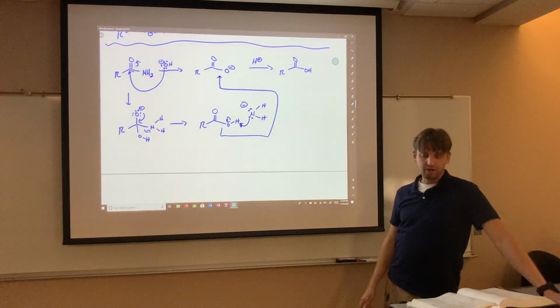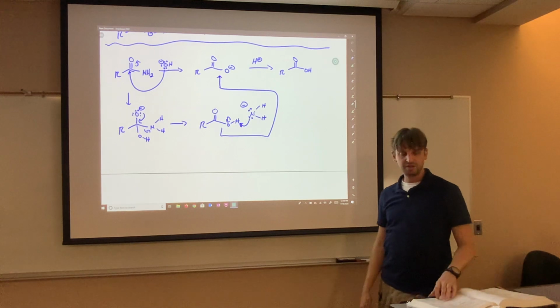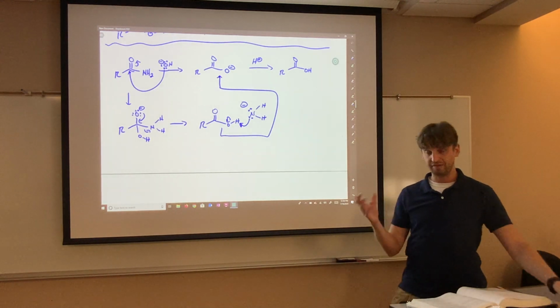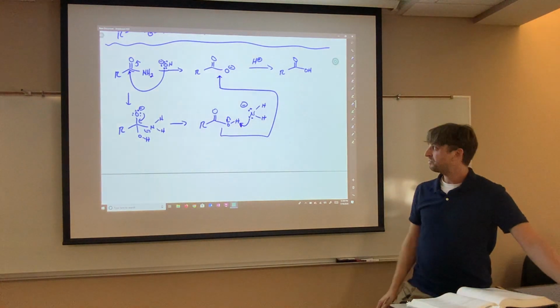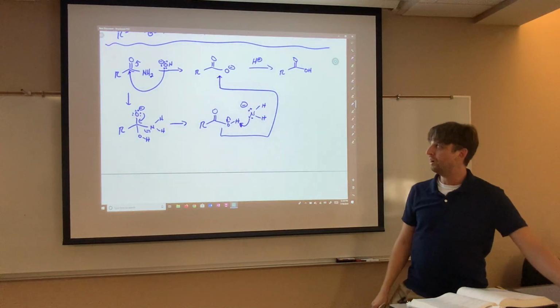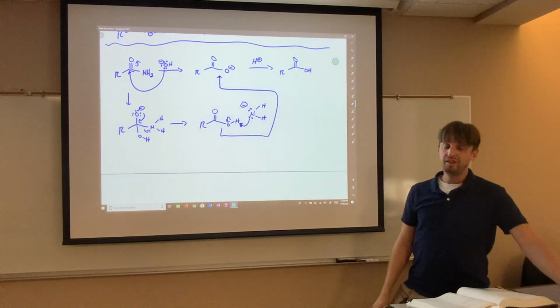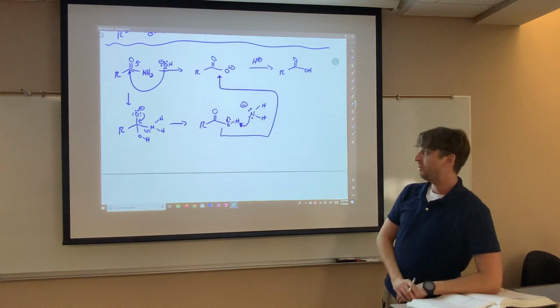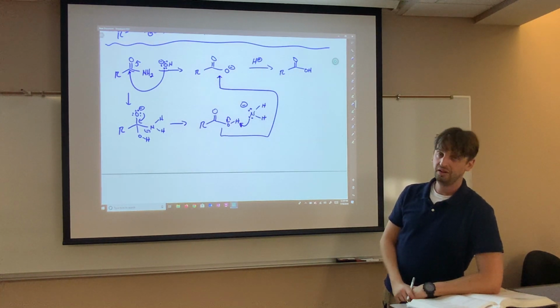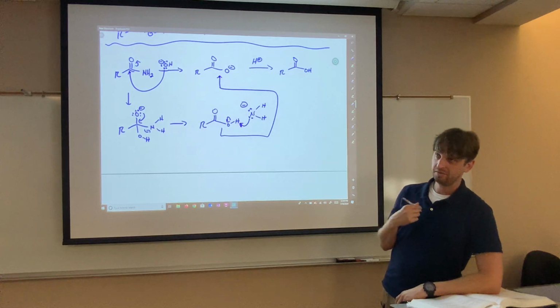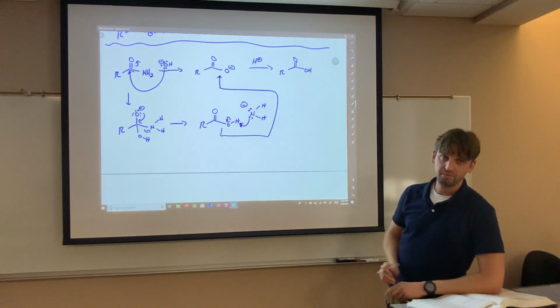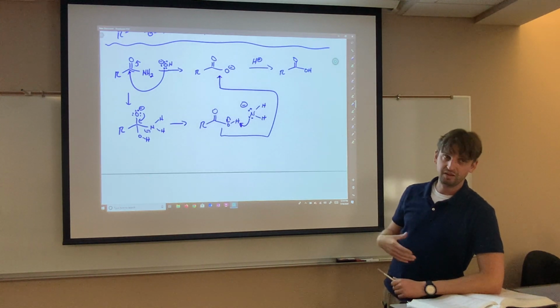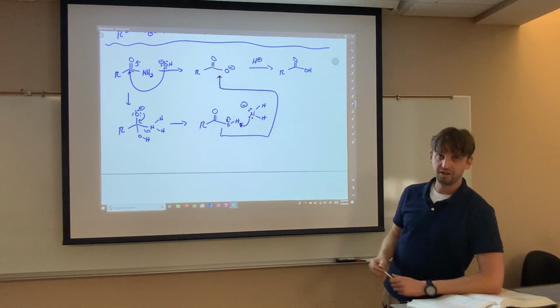Amides tend to be pretty stable under acidic and basic conditions. We usually have to heat this up. We usually have to really punch at this to get it going. Now, it's a good thing that amides aren't susceptible all that much to acidic or basic hydrolysis, because otherwise our proteins would have a big problem. There are different parts of your body that are more acidic or basic than others, and our proteins are held together with these amide linkages.